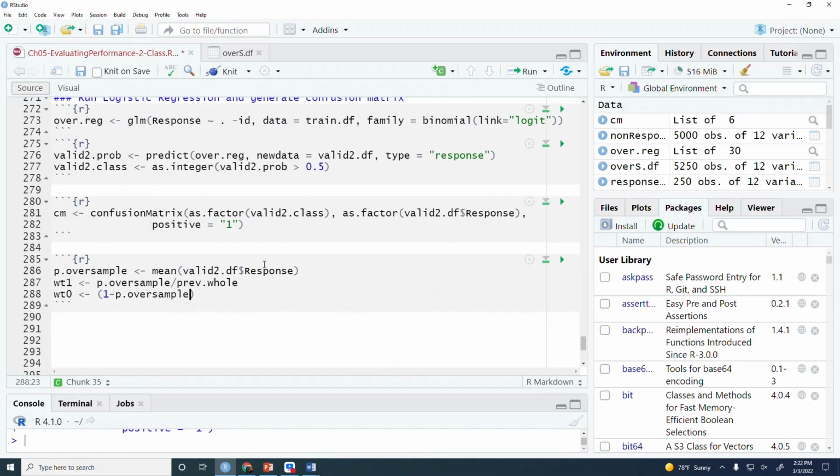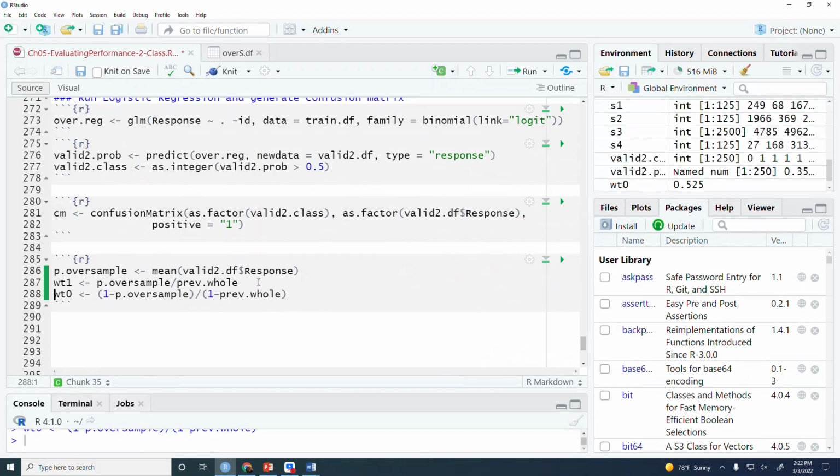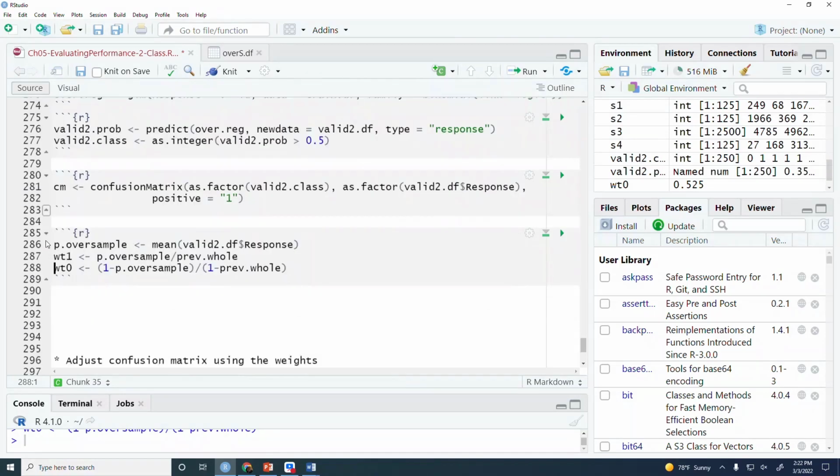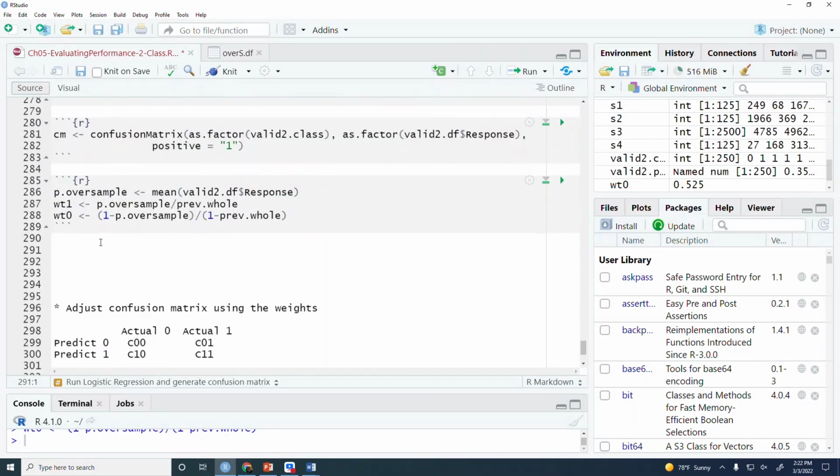Why is it not working? Okay, all right. So now we have the weights.